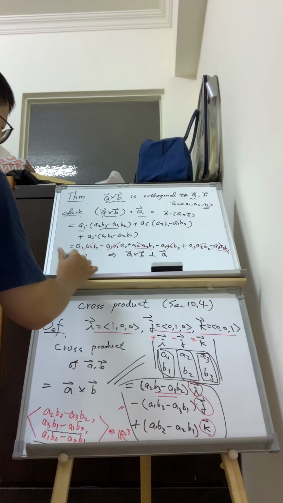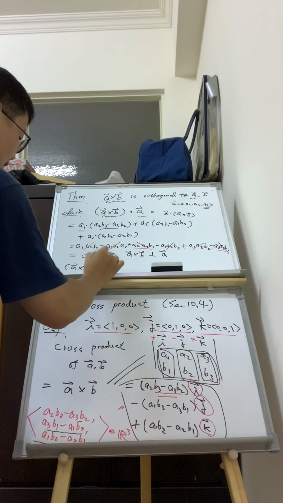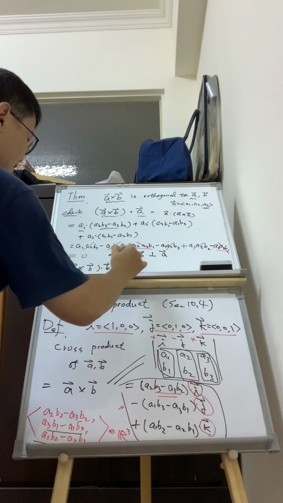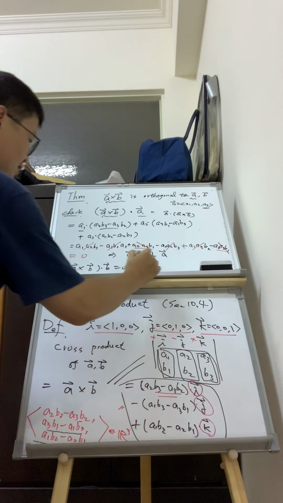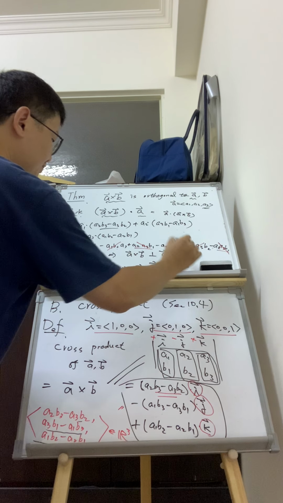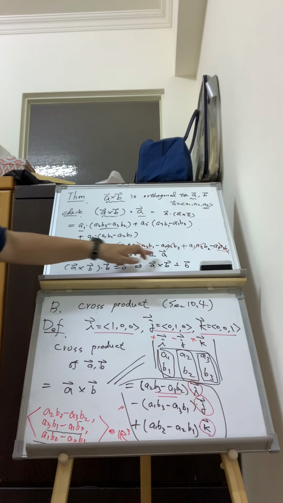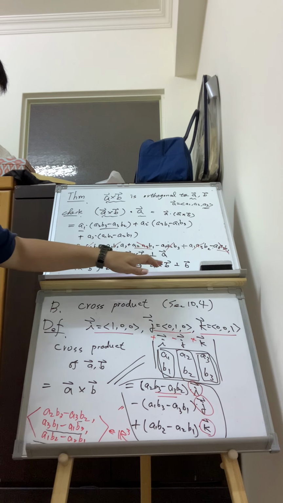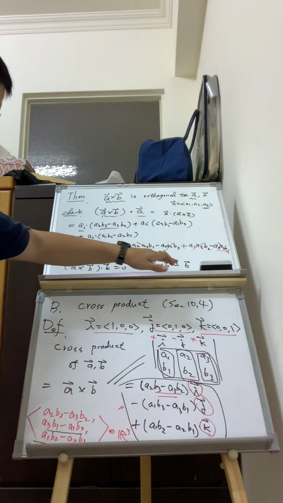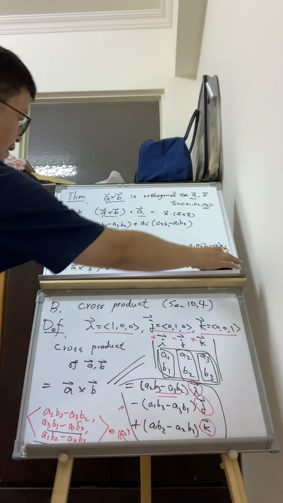And for the vector B, you could check it will be similar. These two vectors, their inner product also equals 0, which means it's orthogonal to the vector B. So indeed, the cross product of A and B is orthogonal to the original vector A, and also orthogonal to the original vector B. That's their relationship.